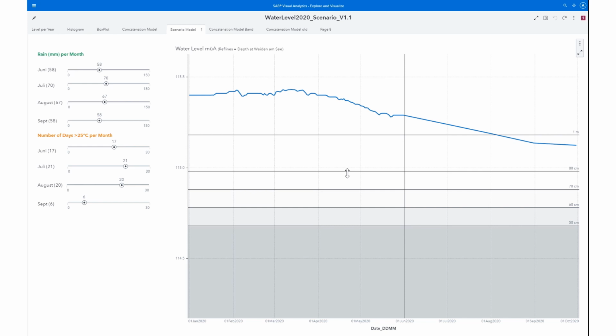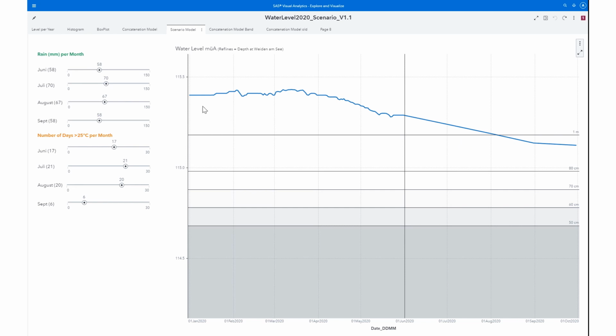The interface that you see here allows you to combine your individual scenario settings on what you think or what you would like to test. What is the rain amount per month, what is the number of days above a certain degree per month, and on the right hand side the outcome of the scenario based on the regression model is shown.